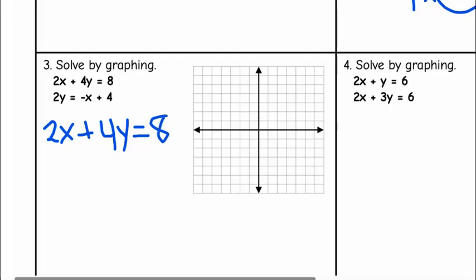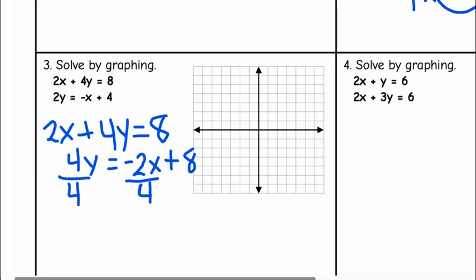All right, I gotta make this smaller. It's so light. So we got 4y equals negative 2x plus 8. Then we're going to divide by 4, both sides.